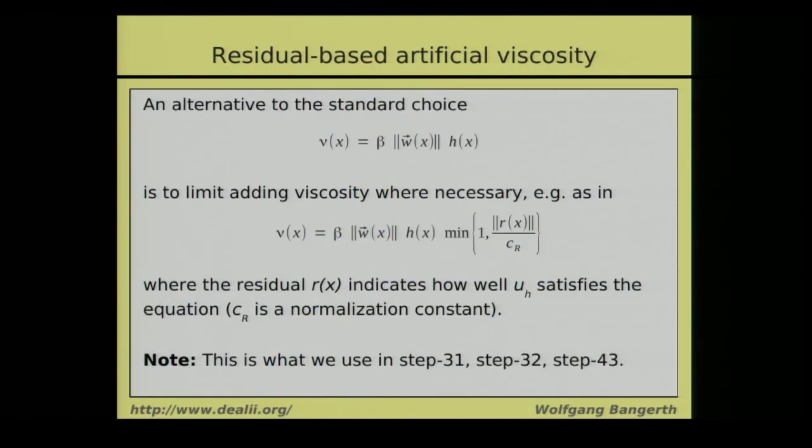And instead of adding this heavy-handed diffusion, I add the diffusion only in those places where something is actually going on, right? Where there's jumps, where there's discontinuities, where there's large gradients, and so on and so forth. Whereas in those places where the solution is smooth, I essentially leave the original equation unperturbed. So we use this sort of scheme in step 31, step 32, and step 43 if you want to look at this.